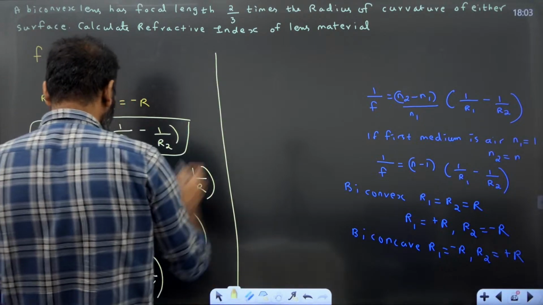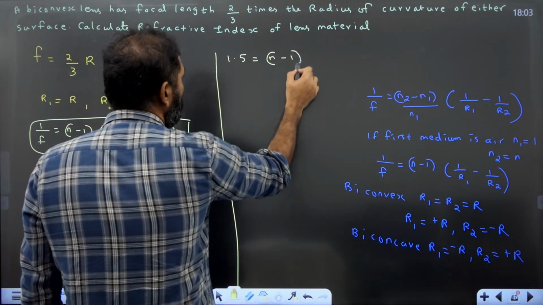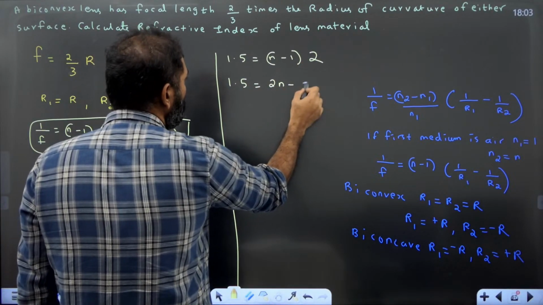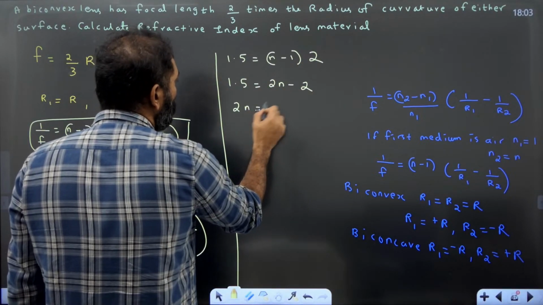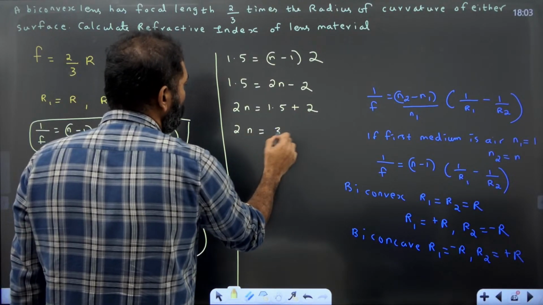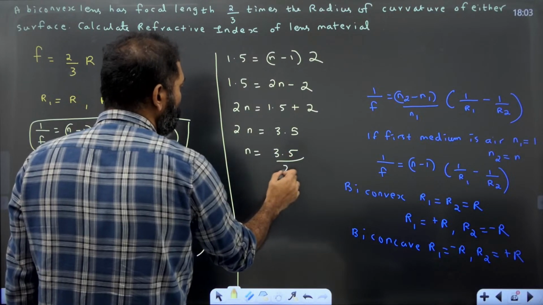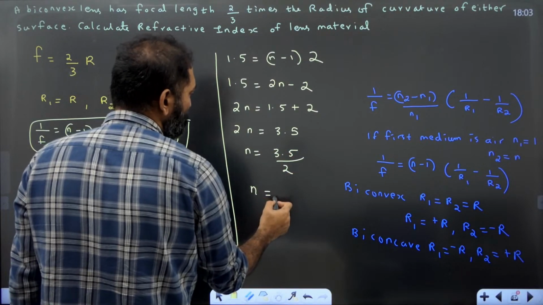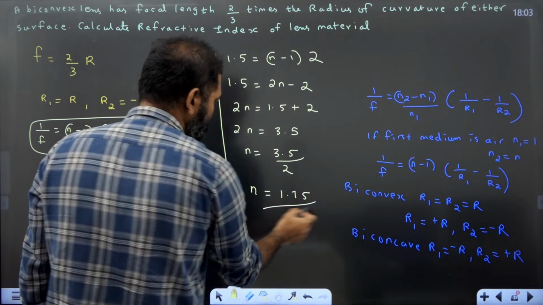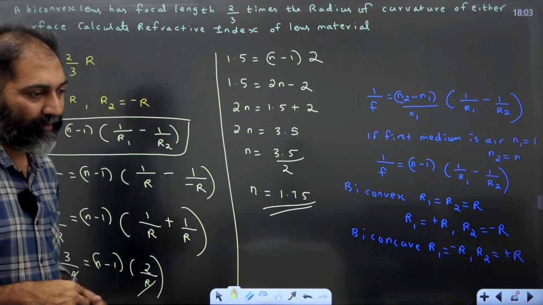So 3 by 2 is 1.5, equal to n minus 1 into 2. So 1.5 is equal to 2n minus 2. So 2n is equal to 1.5 plus 2. So 2n is equal to 3.5. So n equals 3.5 by 2. So n is equal to 1.75. So the refractive index is 1.75.